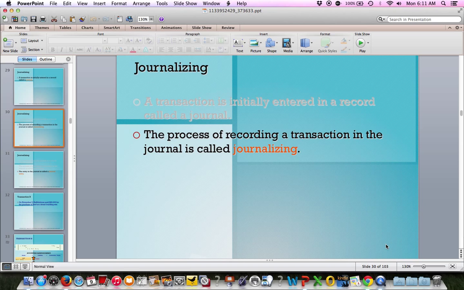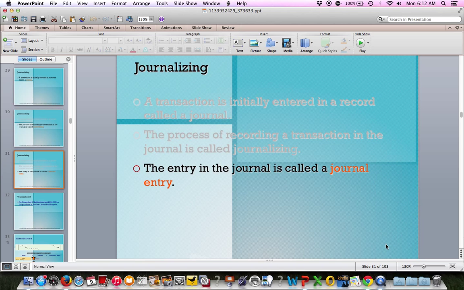There's all kinds of evidence of transactions, all kinds of source documents we'll look at, and then once we identify that, we go ahead and we do the journal entry. And so the entry in the journal is called a journal entry. So we've got a journal, we record transactions in the journal, and then we have several journal entries on a page of the journal.